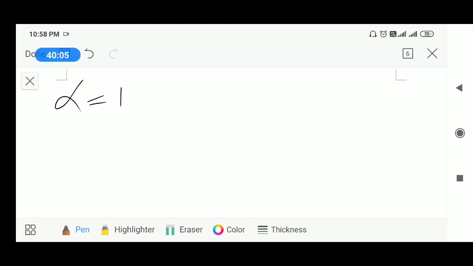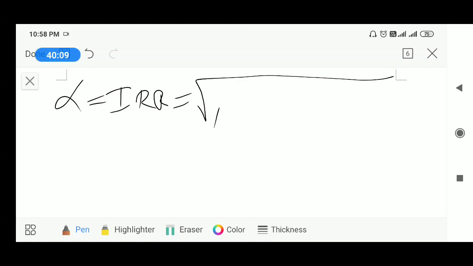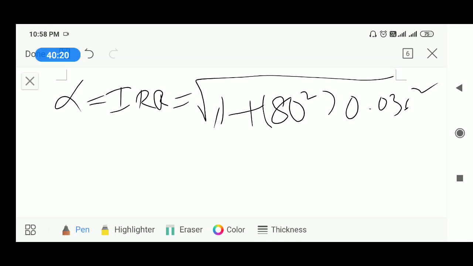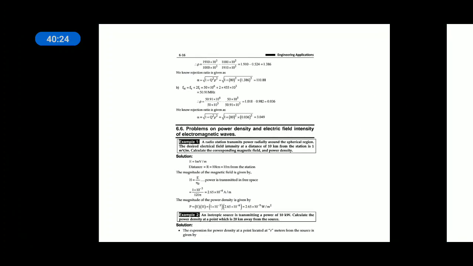IRR is equal to the square root of 1 plus 80 square into 0.036 square, and its value is around 3.049.